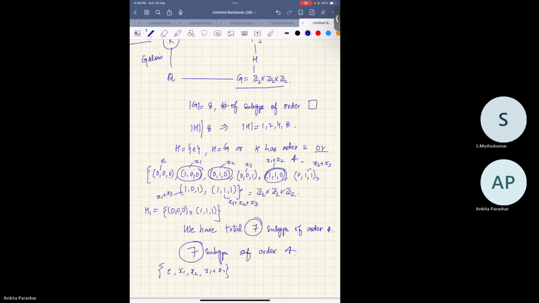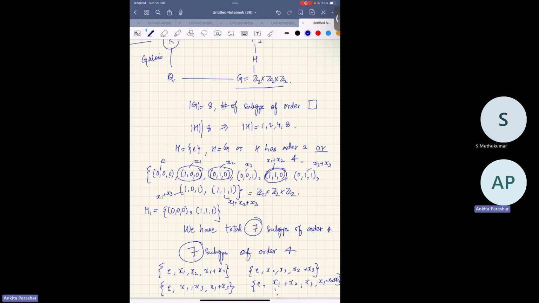This is one. {e, x1, x3, x1 plus x3} is another. {e, x2, x3, x2 plus x3} is another subgroup. Then {e, x1 plus x2, x3, x1 plus x2 plus x3}. And the same way, you will get a total of 7 subgroups of order 4.